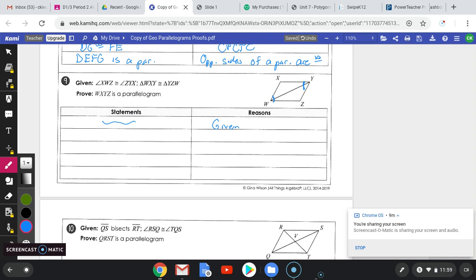Well, how does that help me? Well, I've got a couple different ways of going about doing this. But since those two triangles are congruent, I can say that angle X is congruent to angle Z because of CPCTC, right?